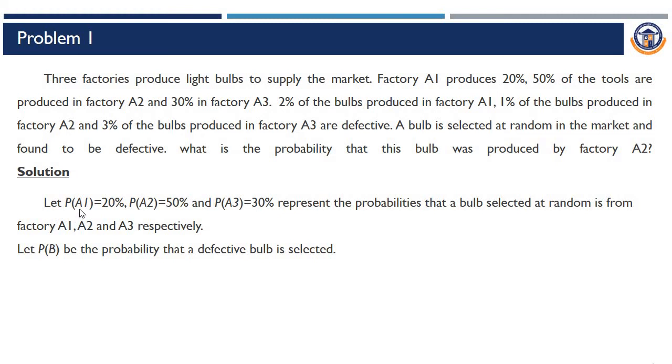Solution: let the probability of A1 be 20% of the items produced, the probability of A2 equal to 50%, and the probability of A3 equal to 30%. Then the probability that the bulb selected at random is from factory A1, A2 and A3 respectively. Let B be the event that a defective bulb is selected.